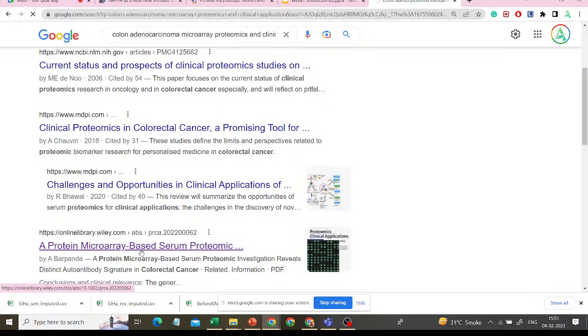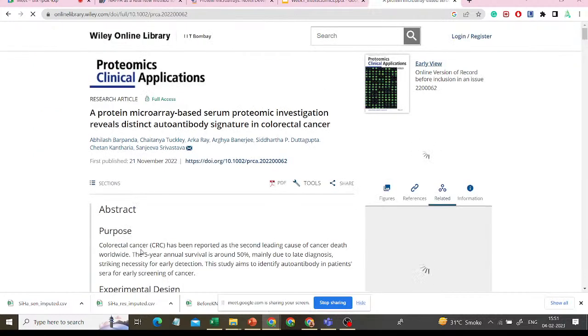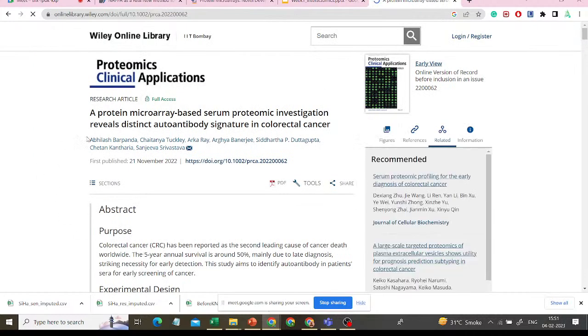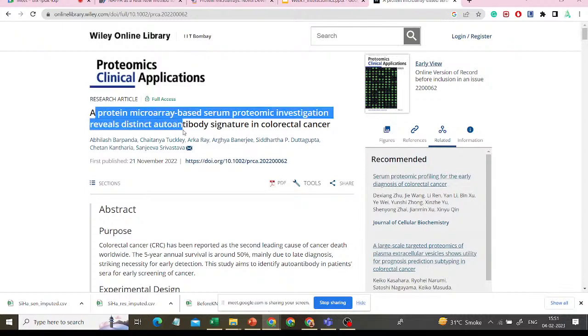If you can check how this technology is still helping and people are using it, you can see the real life use for this. You can see a protein microarray with serum protein investigation for a particular cancer.